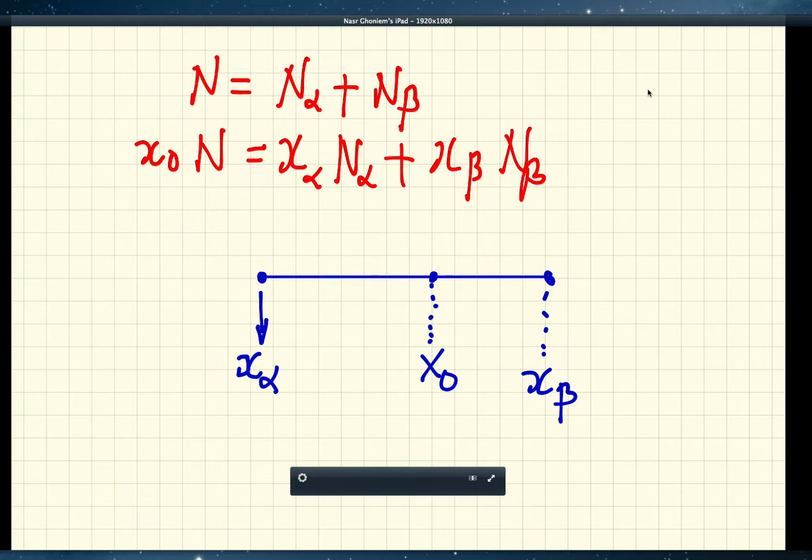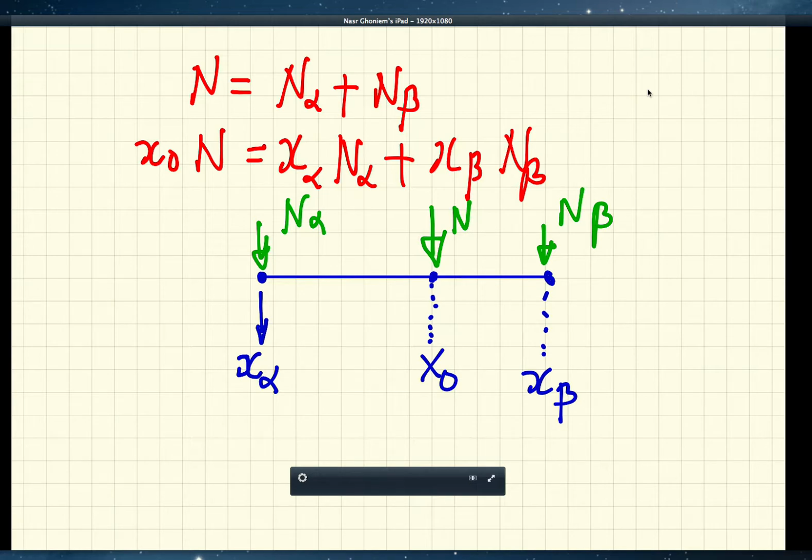To make a complete analogy to mechanics, I'm going to say that the numbers of moles are like forces. So I have a force N here, and the force is split into an N beta and an N alpha.